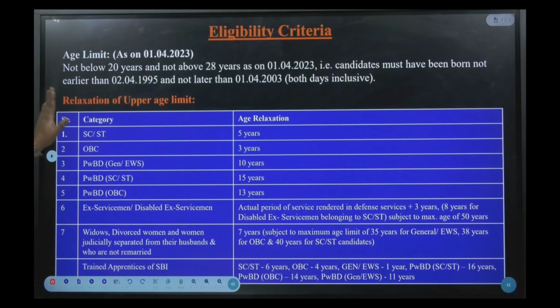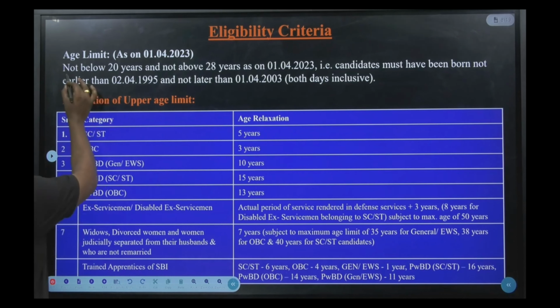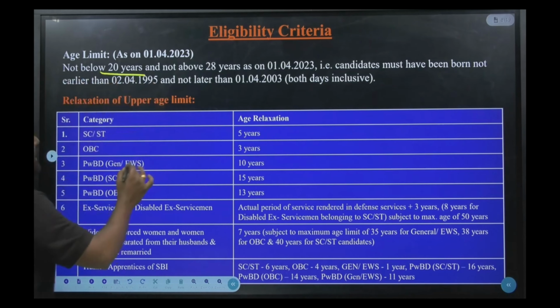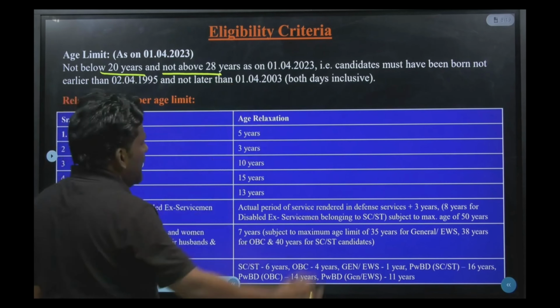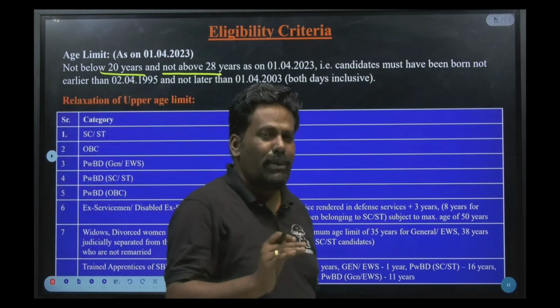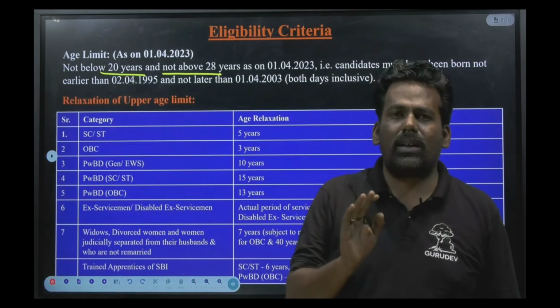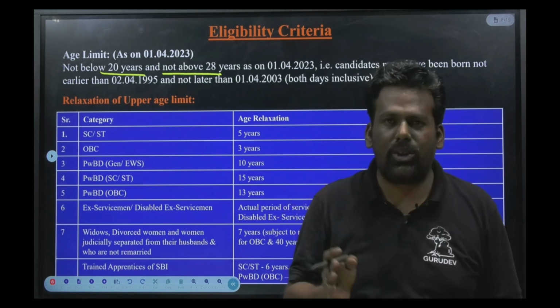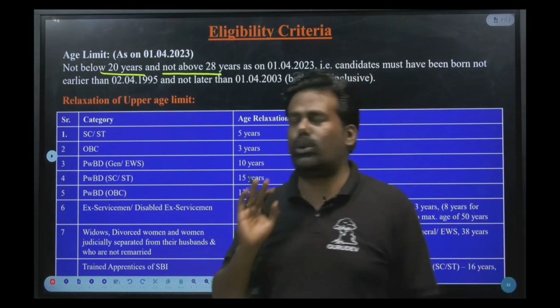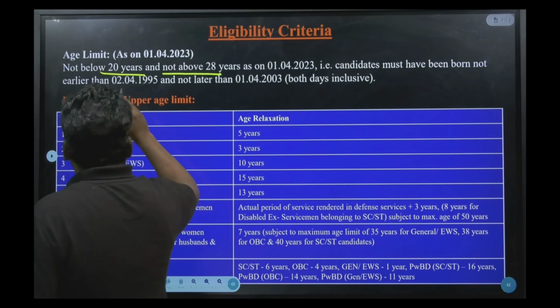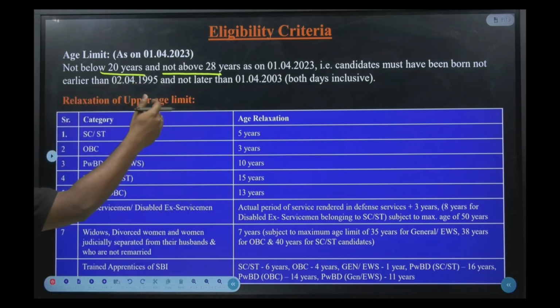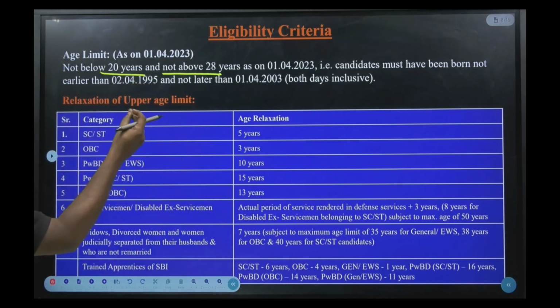Now, age limit, related to age criteria. A person whose age is not below 20 years and not above 28 years is eligible, correct? So if you are between 20 and 28, you can apply for this particular post. Now the same thing has been given in a very important way.